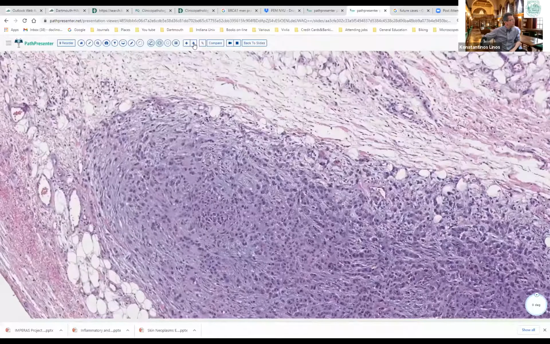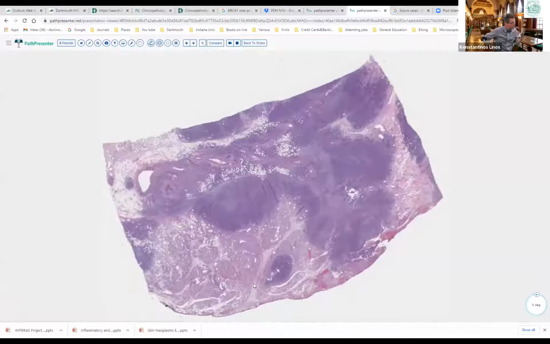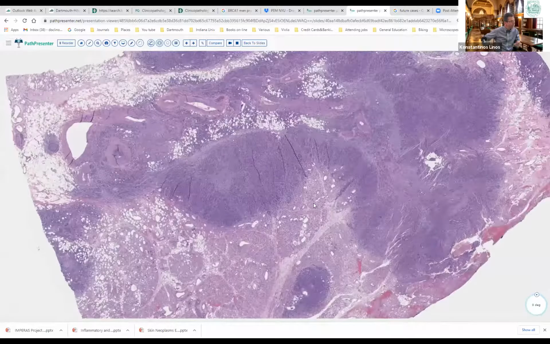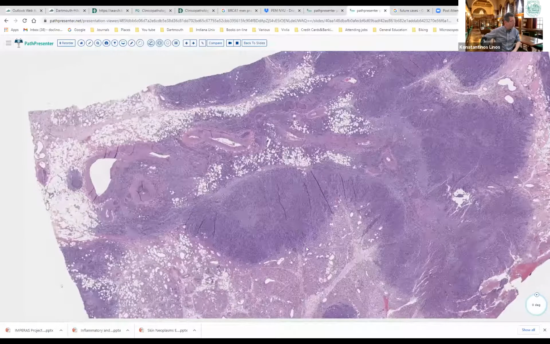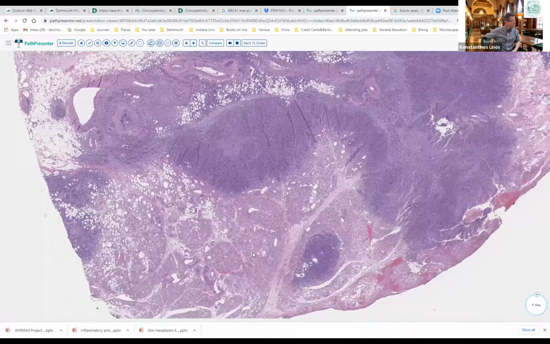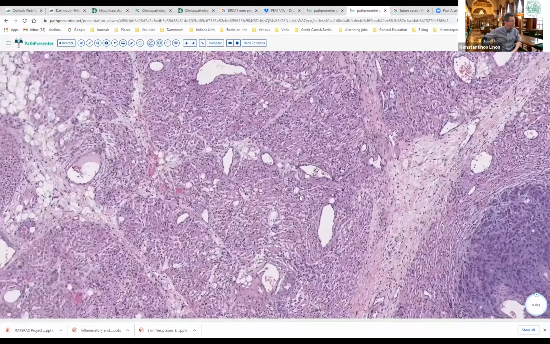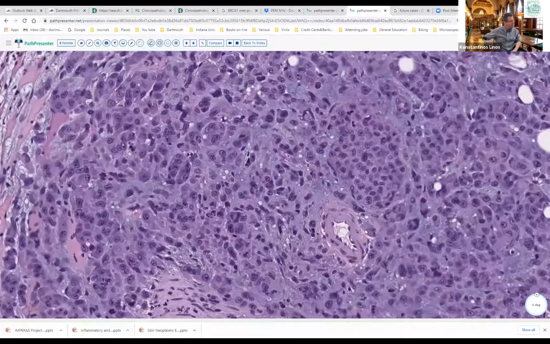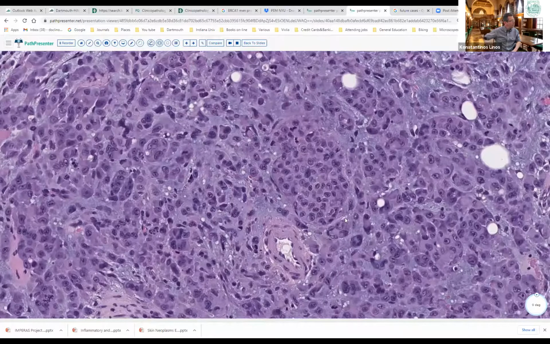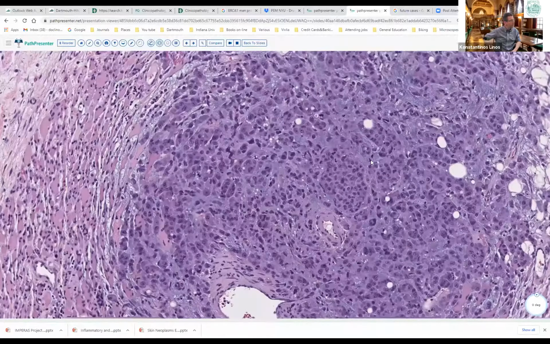Let me see. Another slide. I have another slide, and I will stop here, and then we can discuss, and I can give you the stains in my PowerPoint if you like, or I can go all the way through. You tell me what you want to do. So again, the background of skeletal muscle here. This is very cohesive areas with single and epithelioid cells with mitotic figures and obviously malignant.